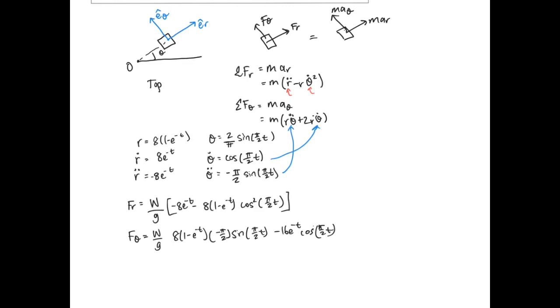We plug this in for t equals 3 seconds, and you end up with Fr equals negative 2.165 pounds, and F theta is equal to 64.9 pounds.